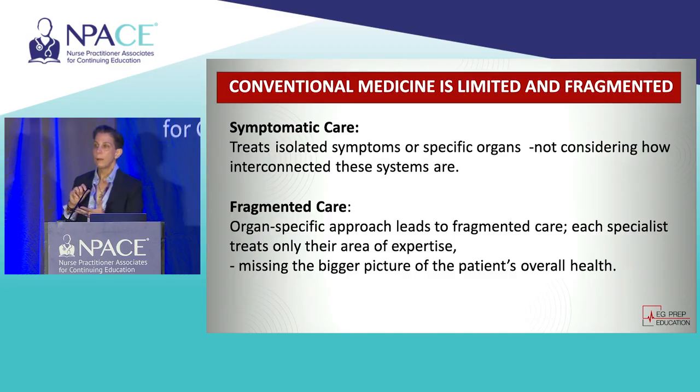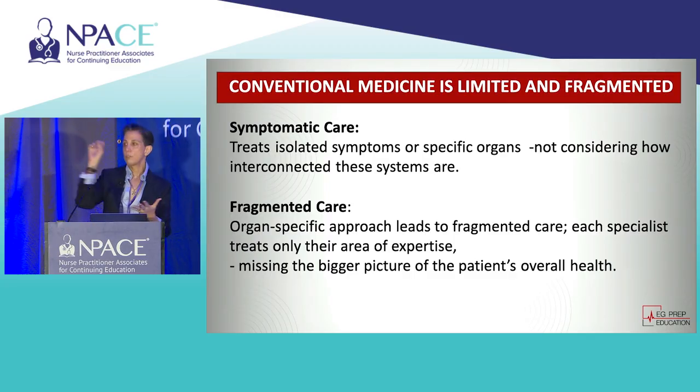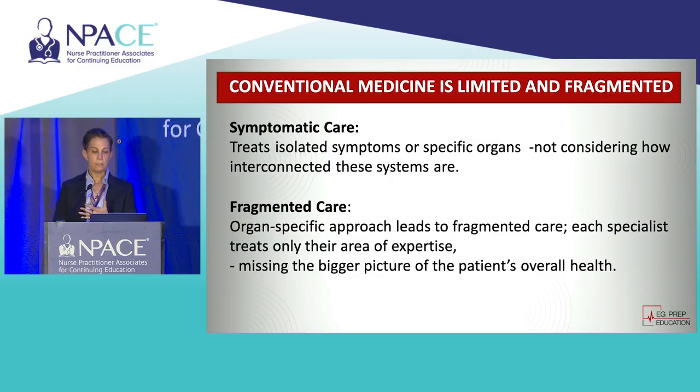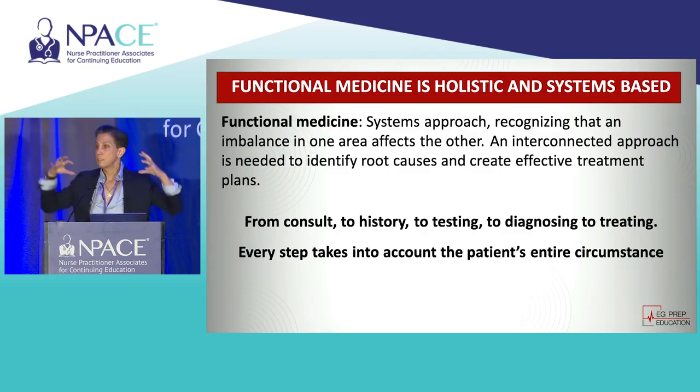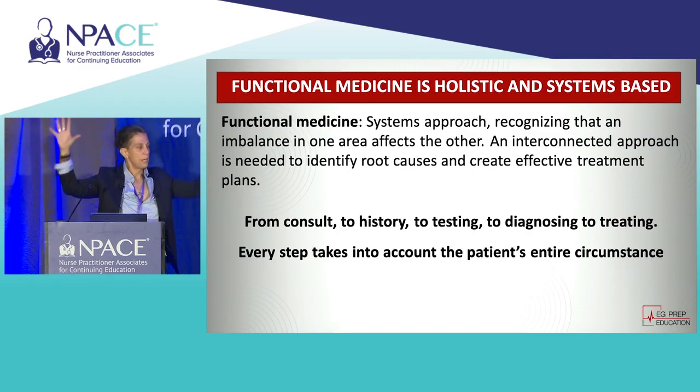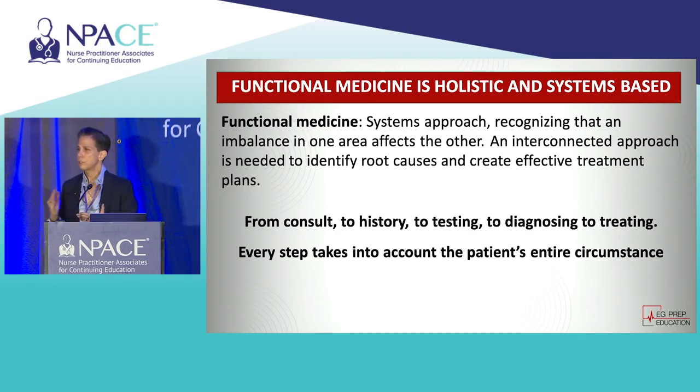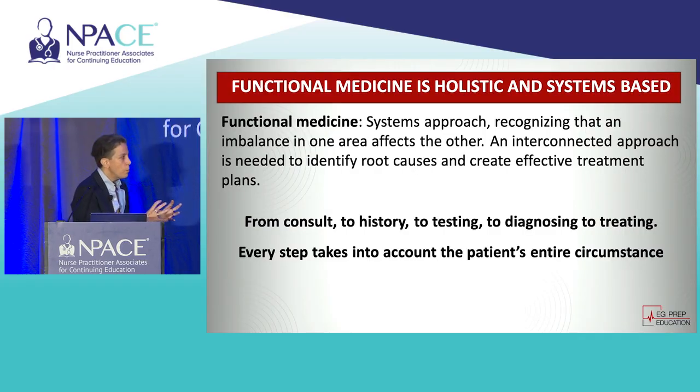Right? How many people are in primary care? How many referrals are you writing out? Oh, you go to neurology, you go to GI, you're just giving out referrals. So it's very fragmented, and in that case, it's really limited. Whereas functional medicine is holistic. It takes the patient as a whole and its systems, and you're going to see what I mean in a moment. From the moment I sit with my patient, my consultation is an hour.